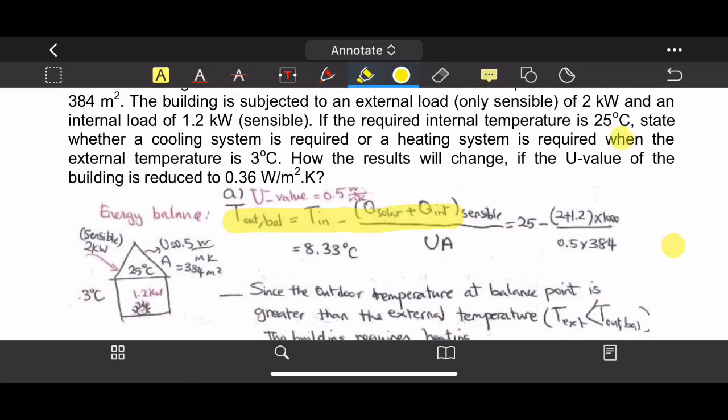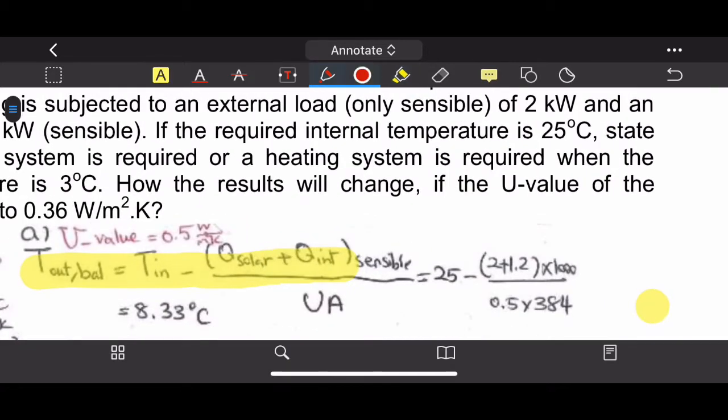Now, where does this equation come from? Let me write it here. You have Q equals m Cp delta T.